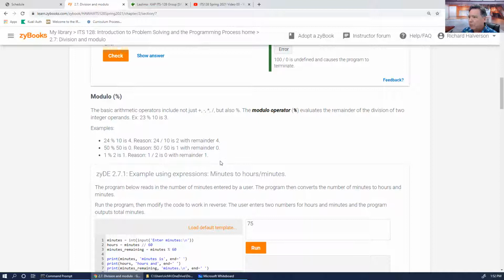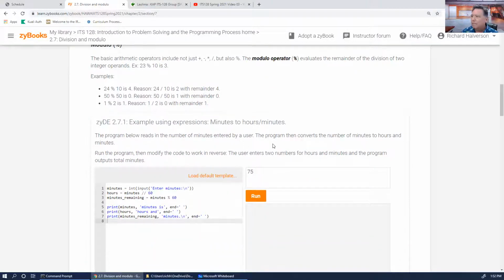And 1 mod 2 is 1 because 1 divided by 2 is 0 with a remainder of 1.